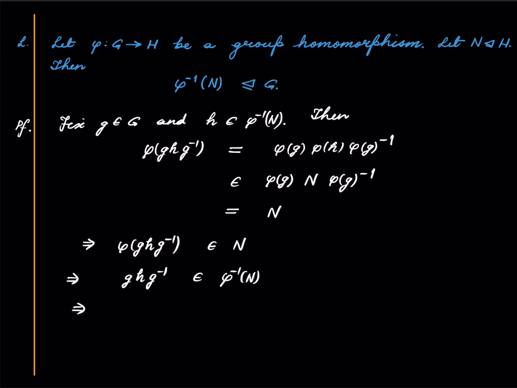And since this is true for each little h chosen in phi inverse n, we have this containment. And that's it. This shows that phi inverse n is normal.